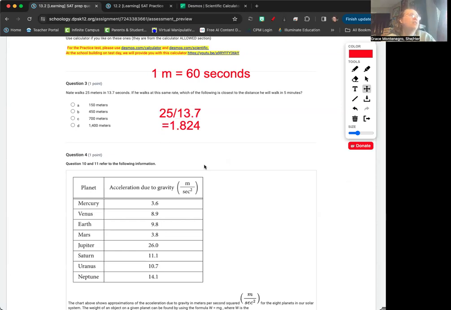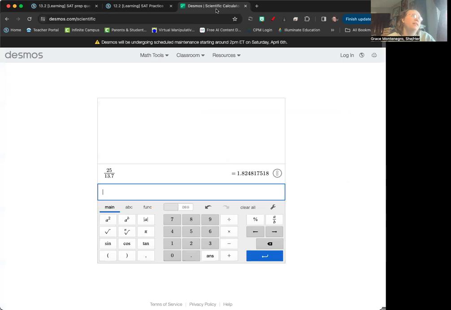So that's how many he walks per second. Let's get that up to a minute. Times 60. In 1 minute, that's 109 meters.